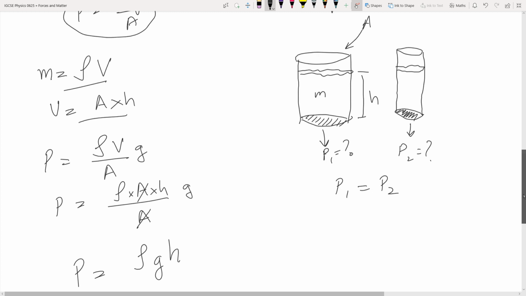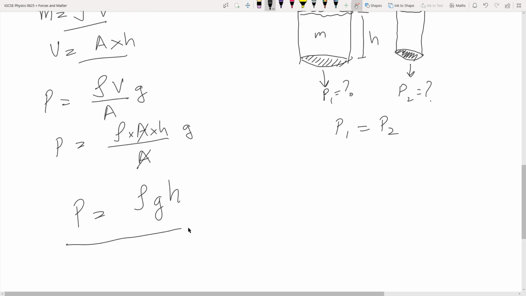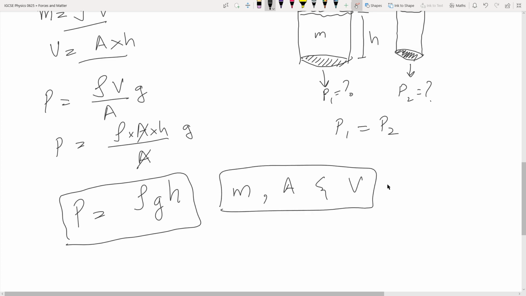And why is that so? Because this formula is now independent of the mass, the area, and volume. So these things are no more important for you. It's just the density of the fluid, which in this case for both of them is going to be the same.